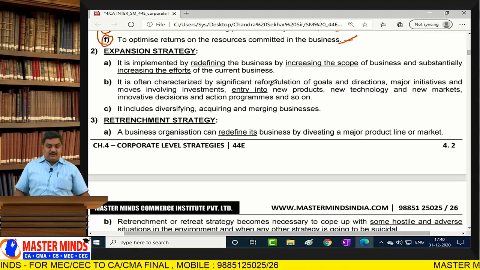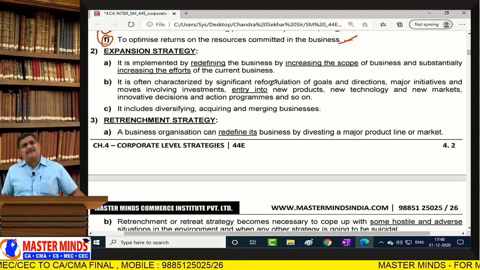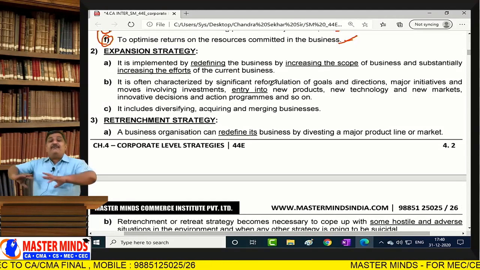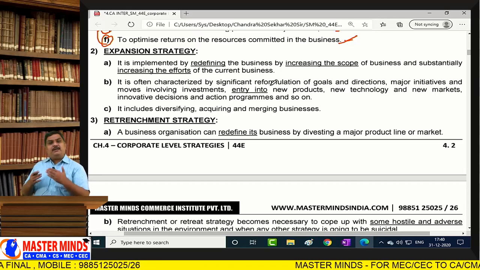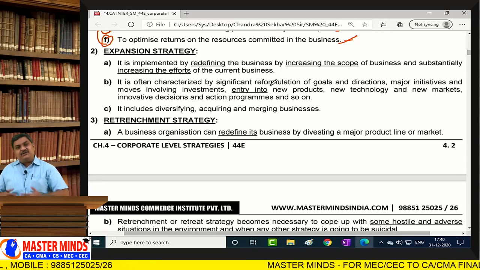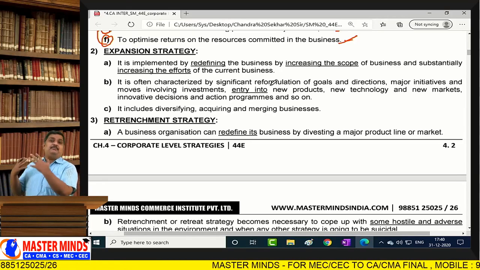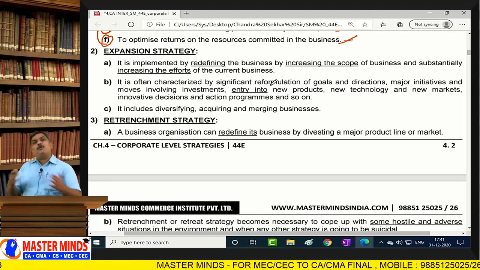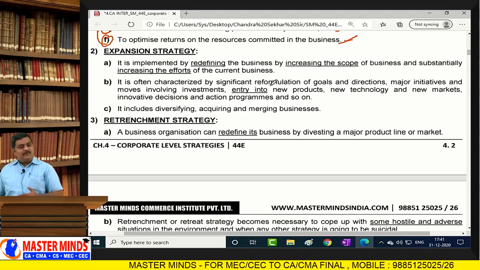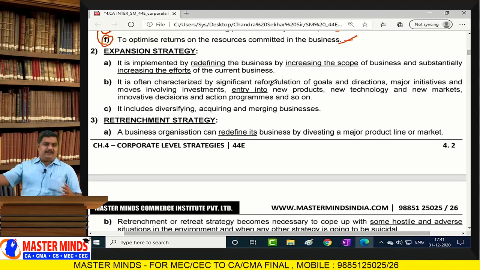Now, expansion strategy. Expansion strategy is very easy to understand. Expansion strategy means you have to redefine your business. What do you mean by redefining your business? Already you are in the IT sector and you strongly feel that the digital payments sector is very good. Like Flipkart started PhonePe, isn't it? Flipkart is an online retail company but entered into the digital payments mechanism with PhonePe.